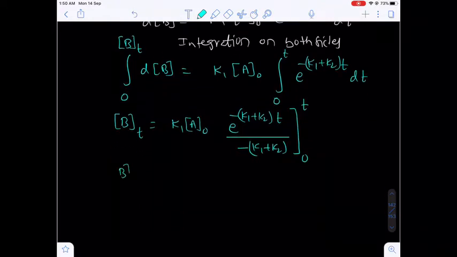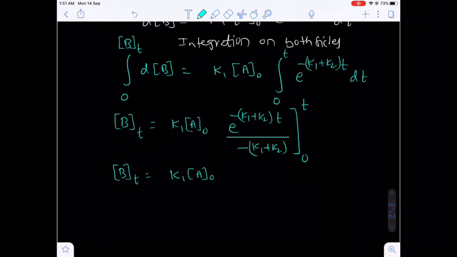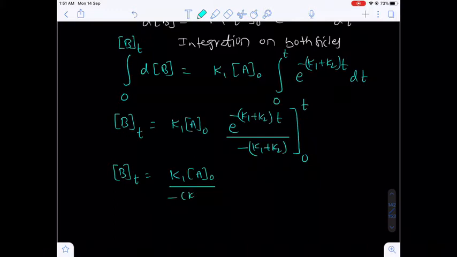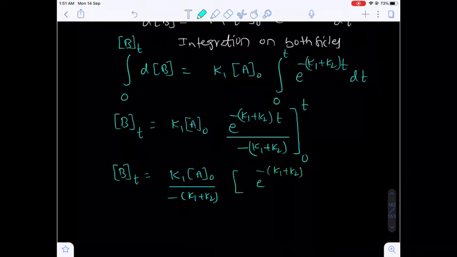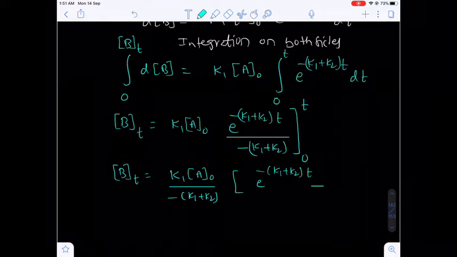From here, the concentration of B at time t is equal to K1 into the initial concentration of reactant A0, with minus (K1 plus K2) in the denominator. Now put the upper limit t, which gives e to the power minus (K1 plus K2) into t, minus the lower limit 0, where e to the power 0 is nothing but 1. Are you getting my point?